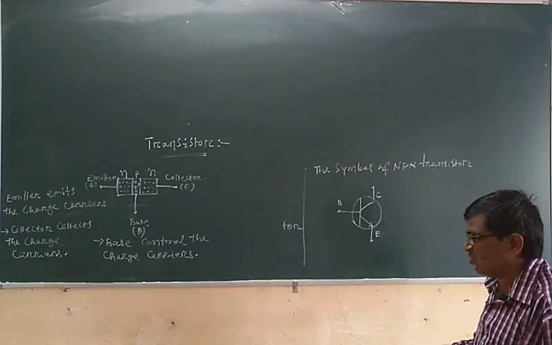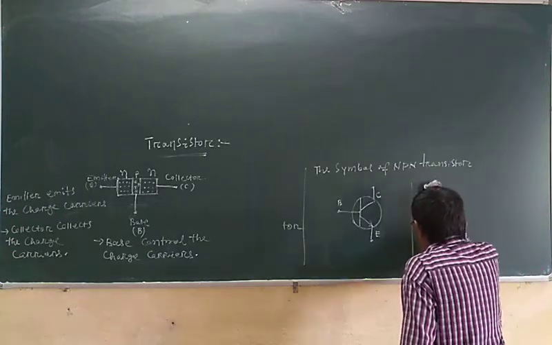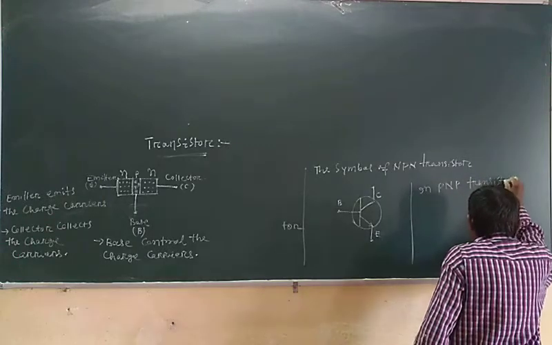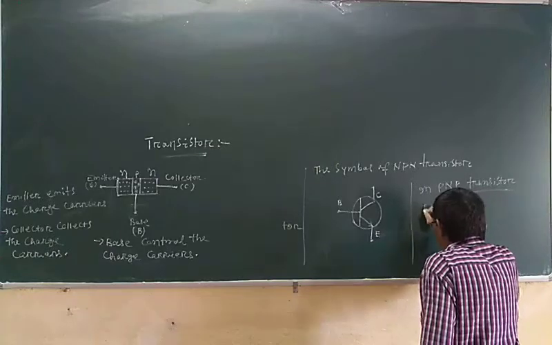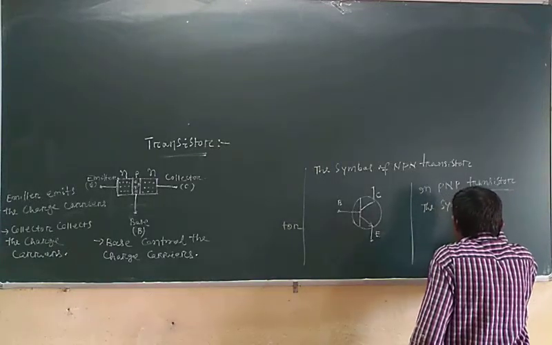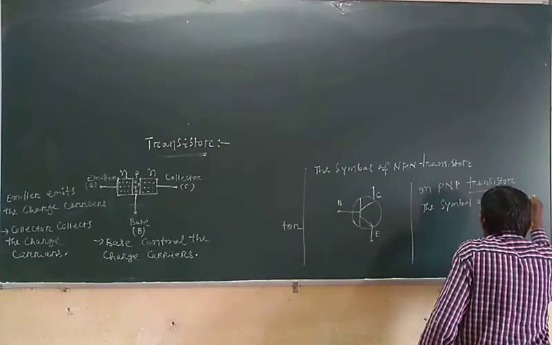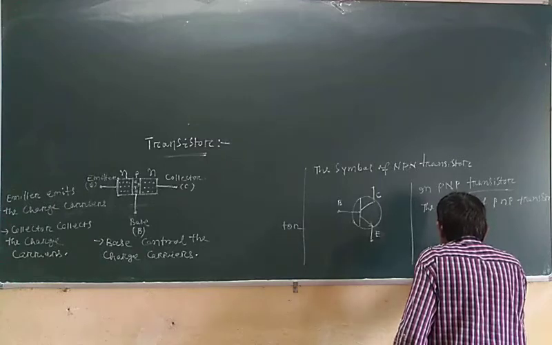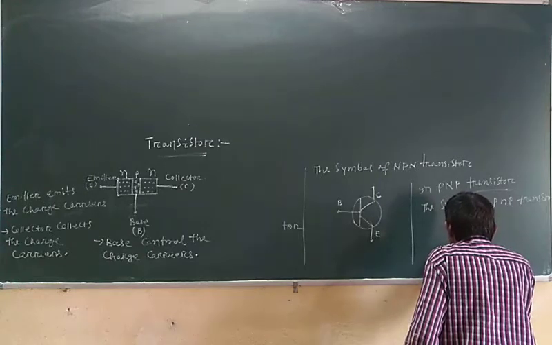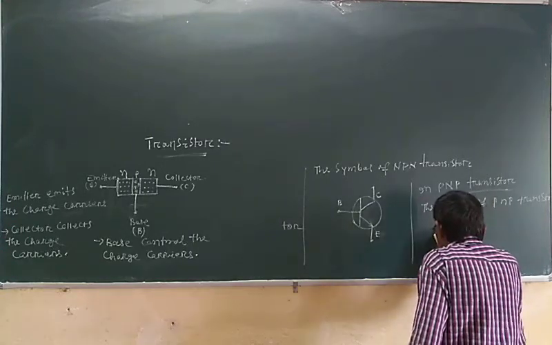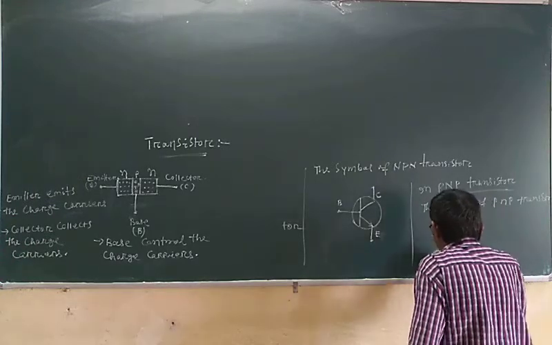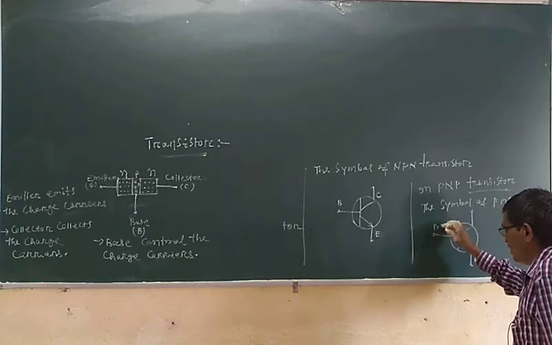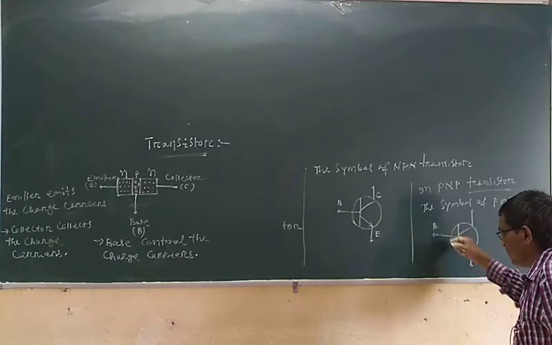But in the opposite case, in a PNP transistor, the symbol of the PNP transistor is: the arrow indicates the emitter, the middle one is the base, and the third one is the collector.